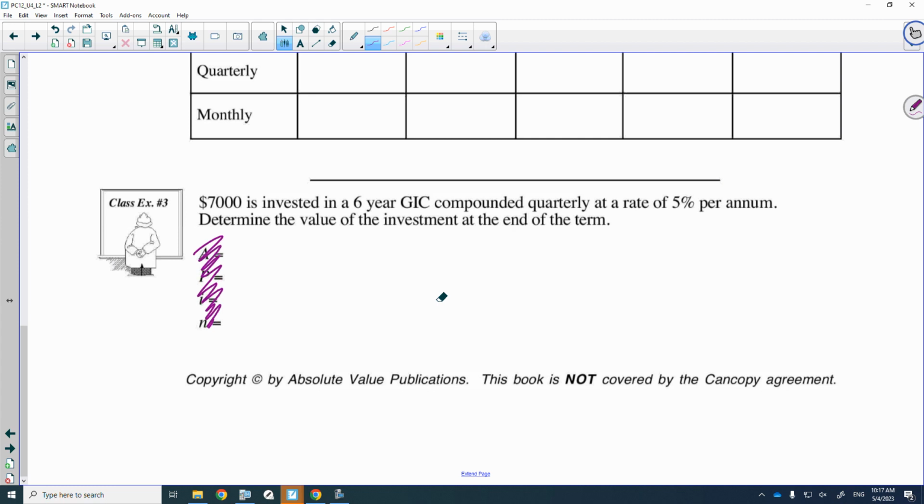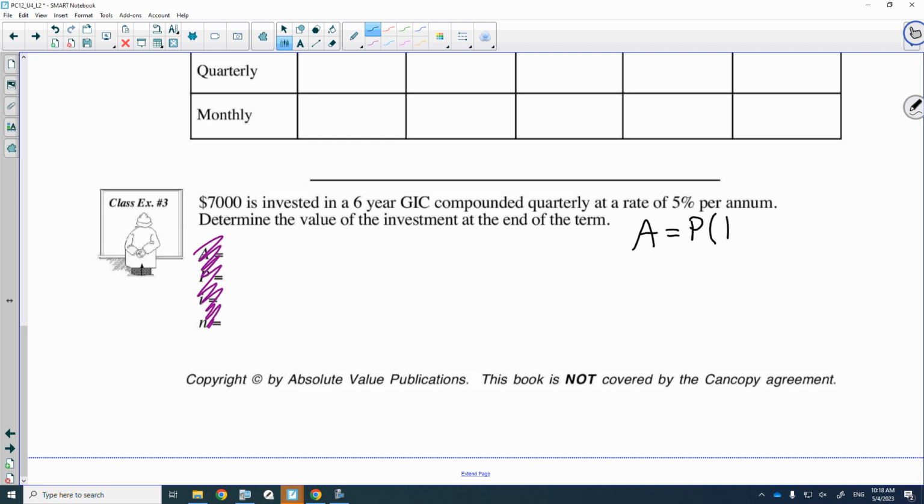Uh, 244. So A, and we'll do class example 3. A is your final amount. It's the same thing as Y. That is equal to your principal amount, which is your A value, 1 plus.